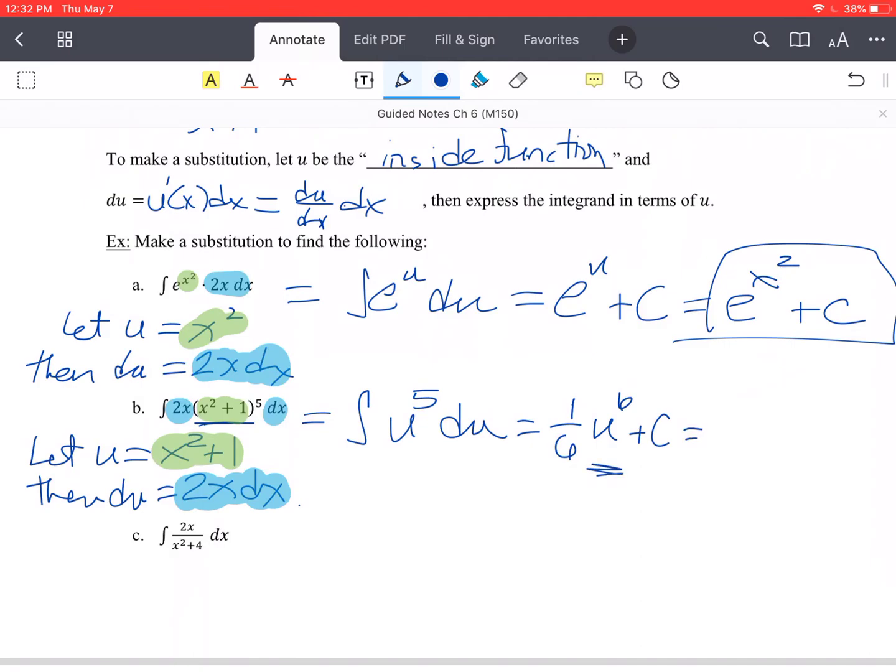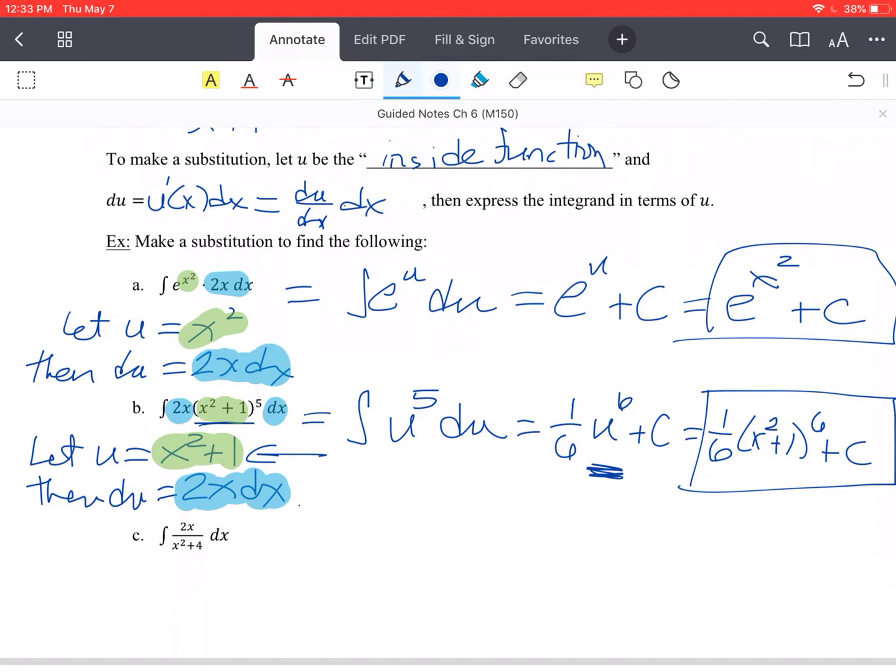And now we can go ahead and sub back, because I know that u is x squared plus 1. So this is just going to be 1/6 (x squared plus 1) to the 6th plus c. Okay, which is exactly what we needed to get here.